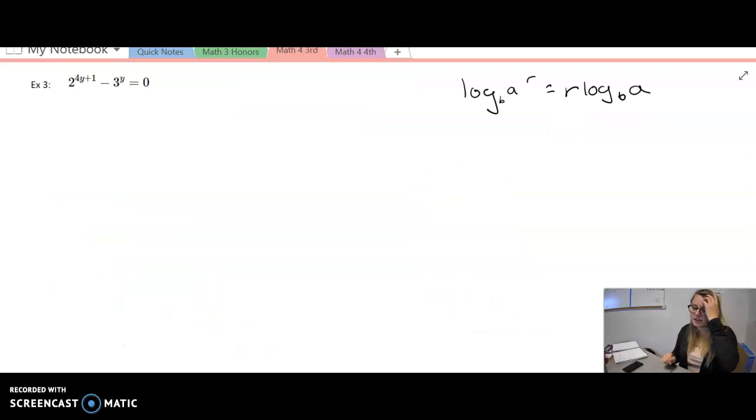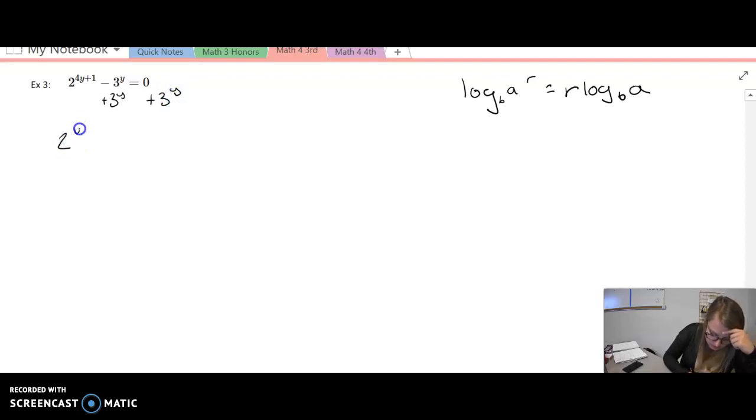Alright, so we have our last example. This one's a little bit different. So we have 2 raised to the 4y plus 1 minus 3 to the y equals 0. Well, for this one, I want to move my 3^y to the other side so that we have an exponential equal to an exponential. So I'm going to add 3^y to both sides.